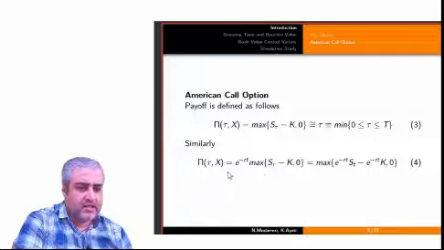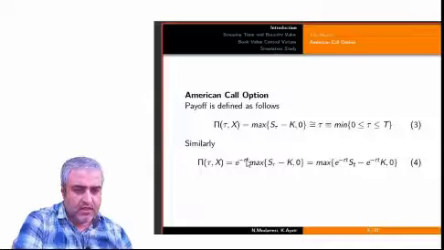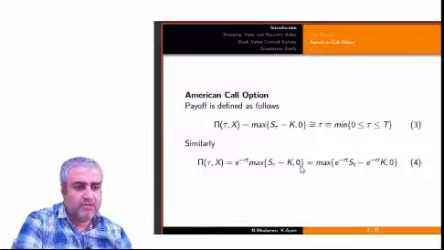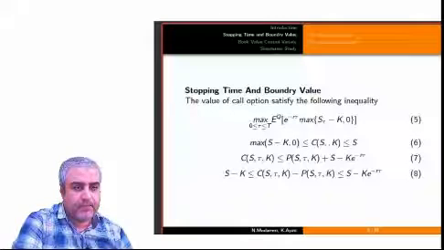Similarly, we discount with the rate R, to get the price of the American call option for now, at each time.